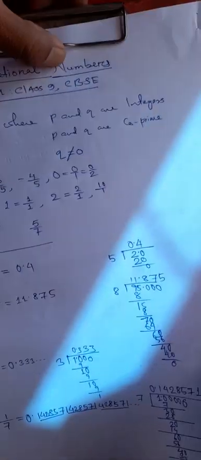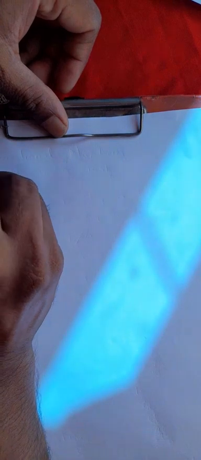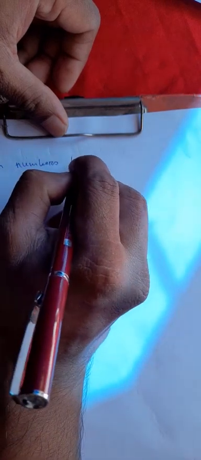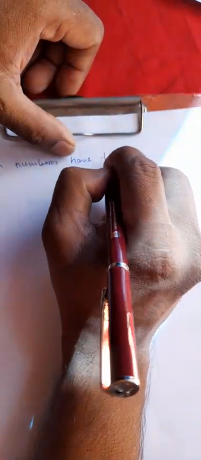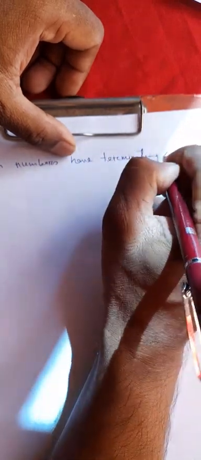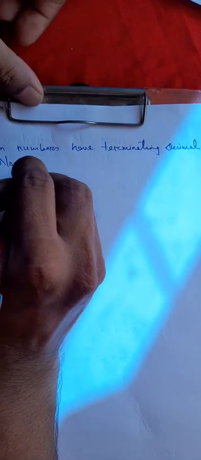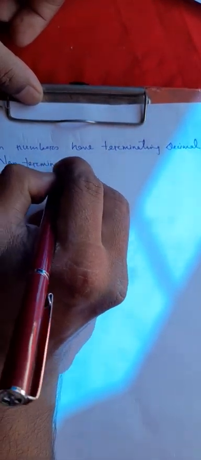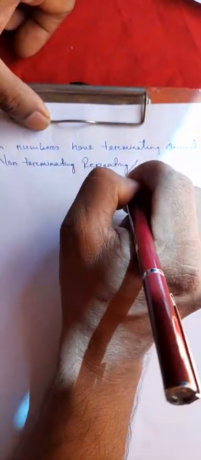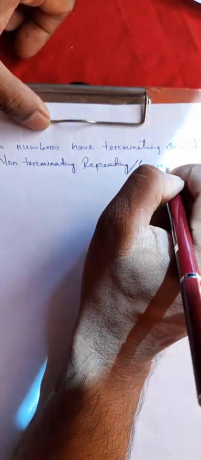Now this type of decimal we call rational numbers. So rational numbers have terminating decimal, or non-terminating but repeating, or we say recurring, right?